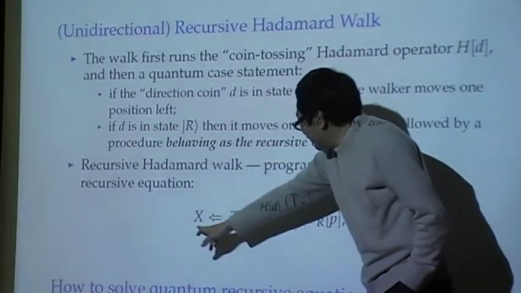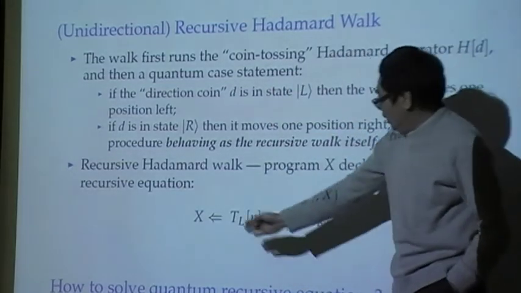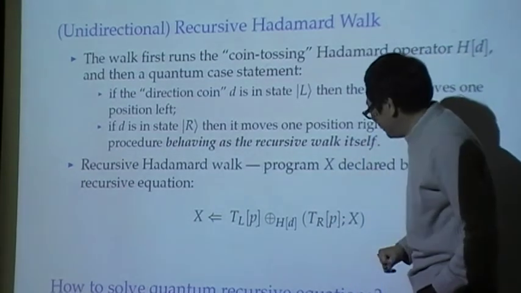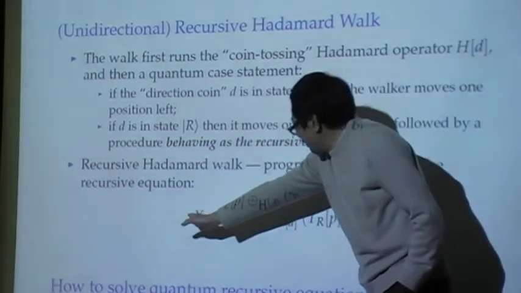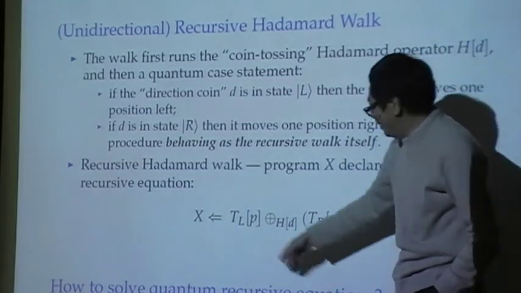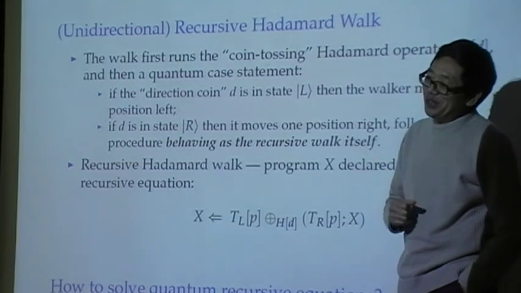So in a sense, you can add a creation operator on the left hand side. That's one choice. The other choice is you don't change the left hand side, but you add the annihilation operators on the right hand side, and then we have a kind of fixed point theorem.